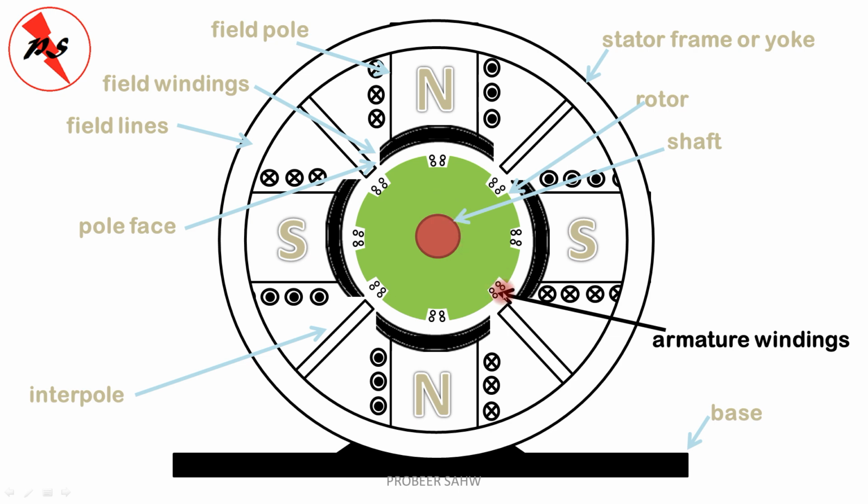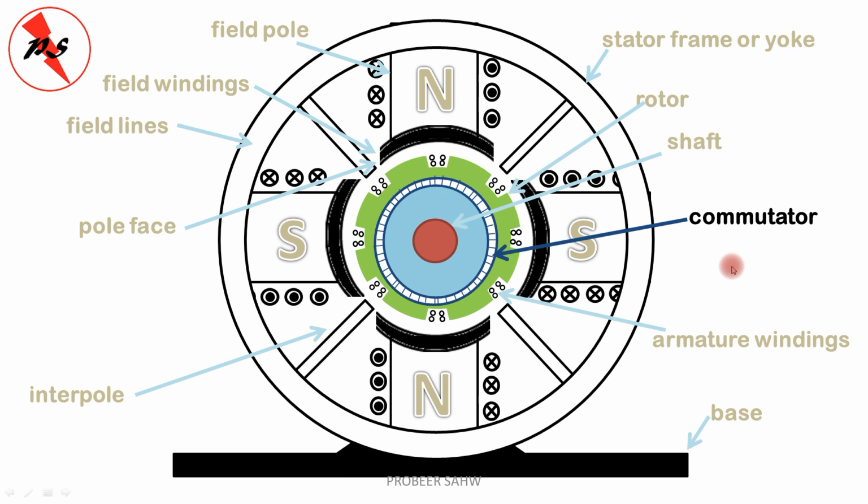These are the armature windings. So there are two sets of windings: the field windings, which are on the field poles and create the magnetic field, and another set of winding, the armature winding, which is on the rotor. In the armature winding, EMF will be induced if it is working as a DC generator, or we pass DC current in this armature winding if it works as a DC motor.